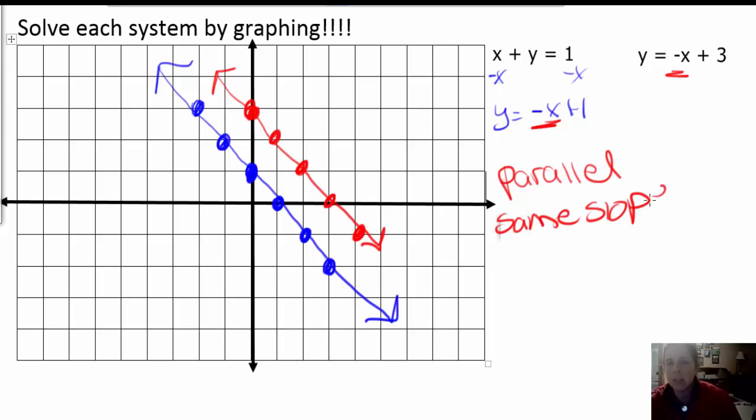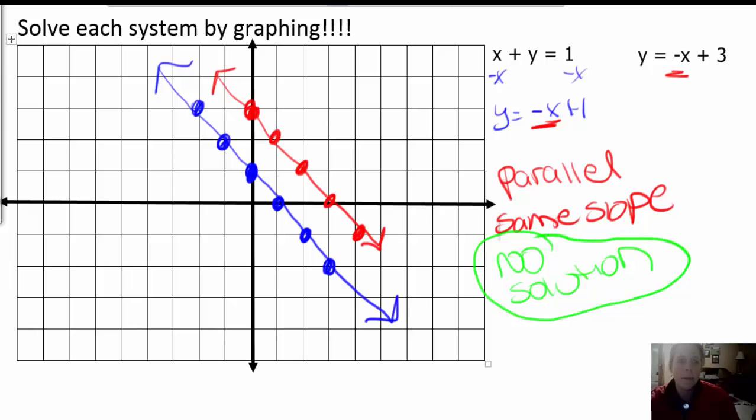If they have the same slope, they're going to be parallel, which means if they never cross, they have no solution. Okay, meaning they don't have any point in common because it's going to keep being parallel. They'll never cross, so that's no solution. You actually need to write no solution. Do not leave it blank.